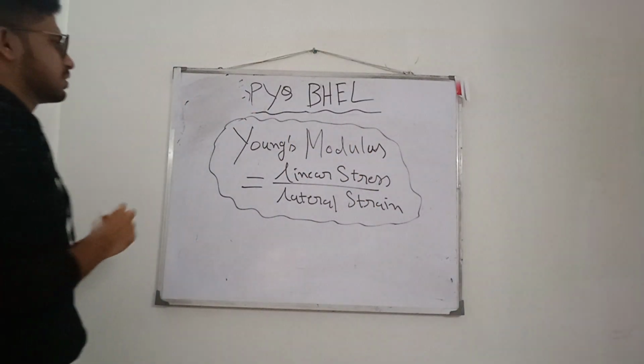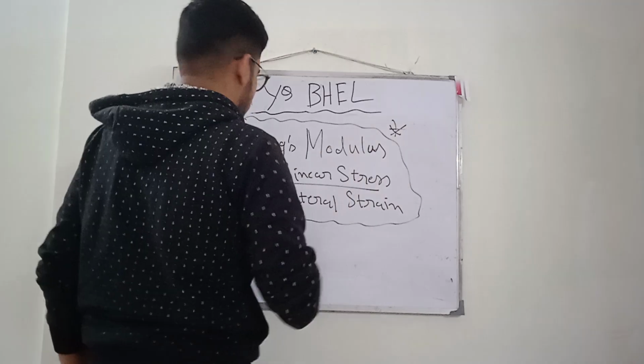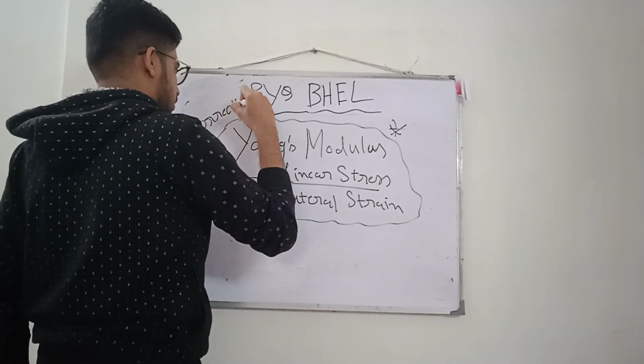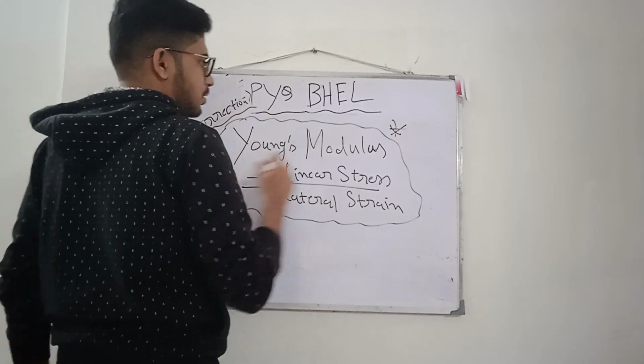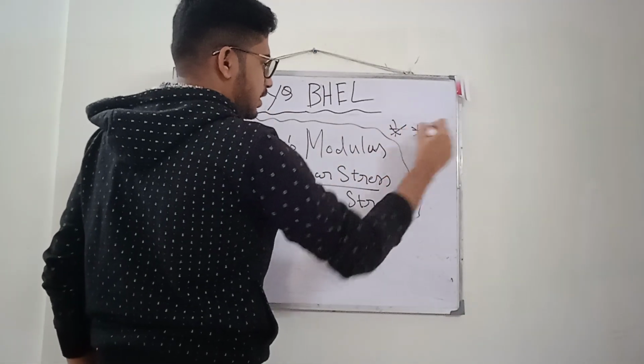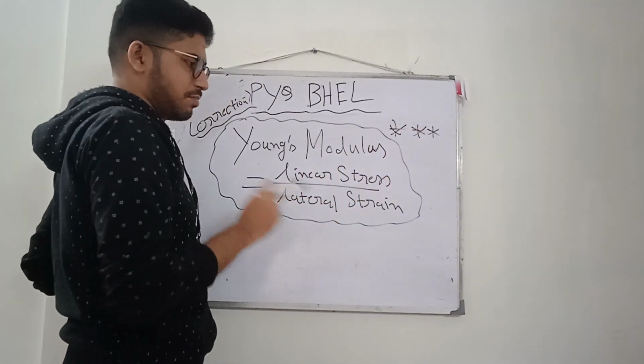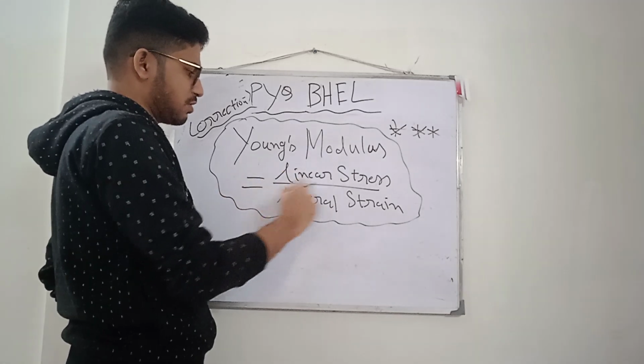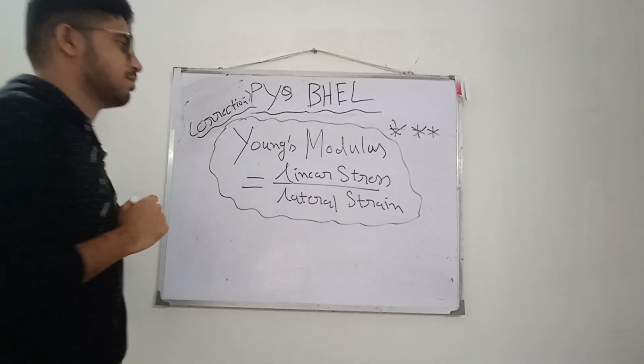I think I wrote linear stress to linear strain previously. So the correction will be linear stress to lateral strain. This is the formula of Young's modulus.